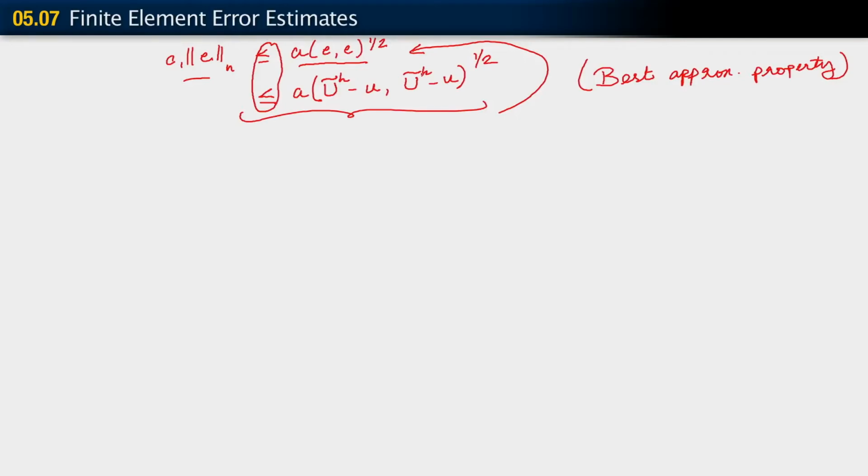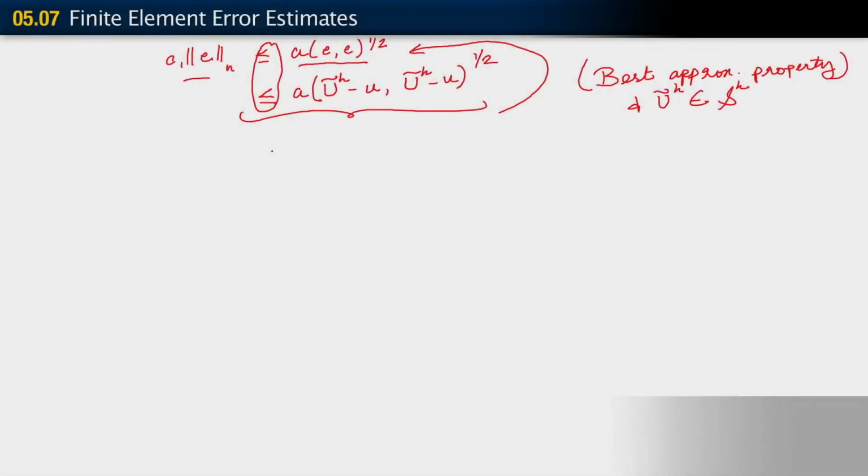Since u tilde_h also lives in S_h and is in fact equal to the exact solution at the nodes, it also does satisfy the Dirichlet conditions, right? So it is in fact one of these members, right? So the reason we get this result is the best approximation property and the fact that u tilde_h also belongs to S_h. Okay?